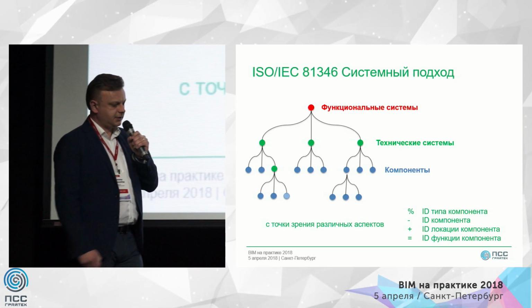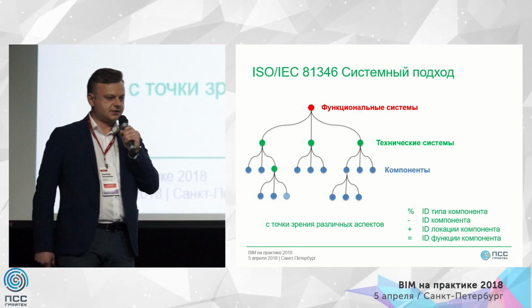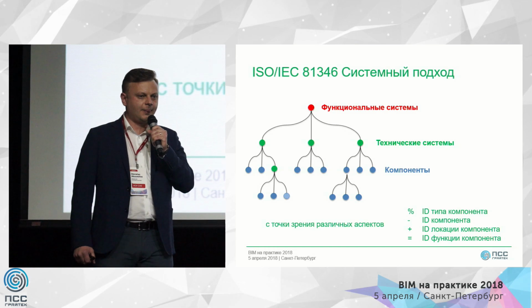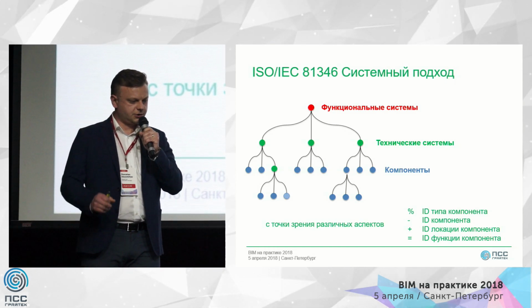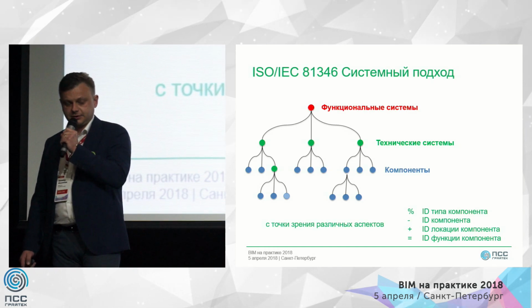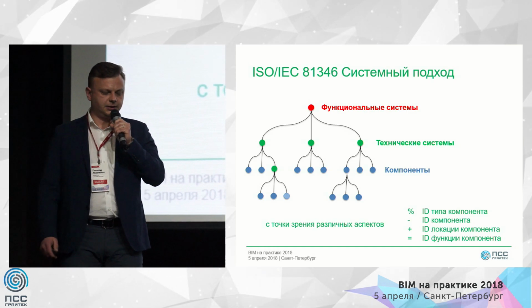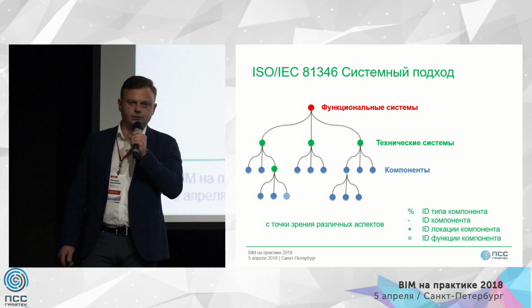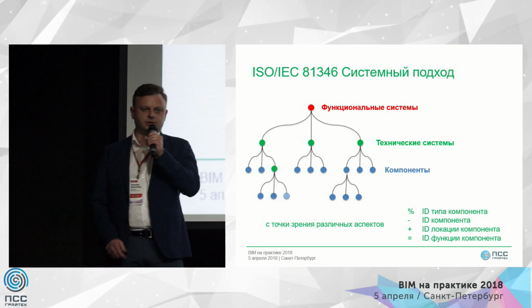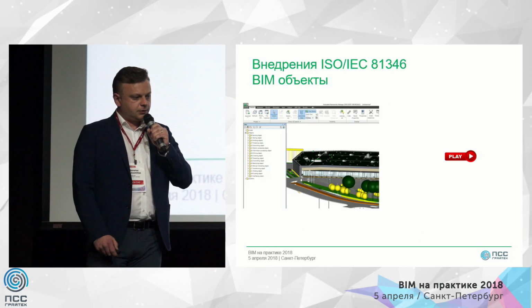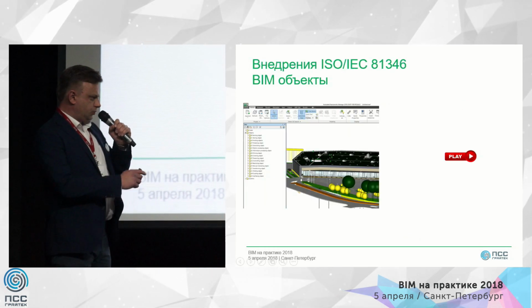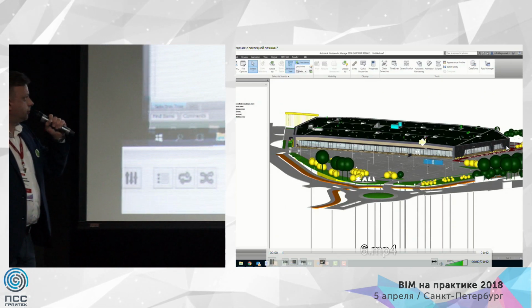So the principle is very simple. The standard has a systemic approach and describes this systemic approach. And it includes different aspects. If we are interested in type-based components, where they are spatially, we can find it. And this is the result, what we got.